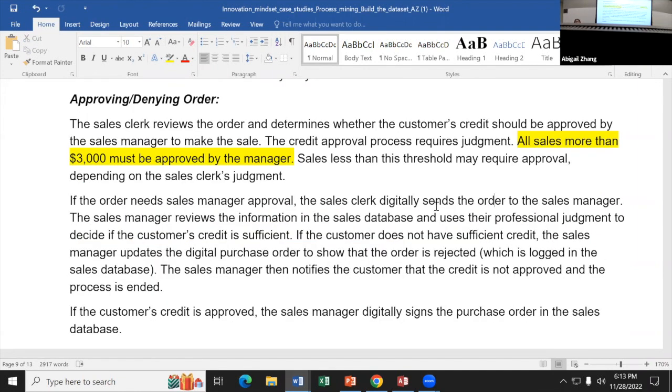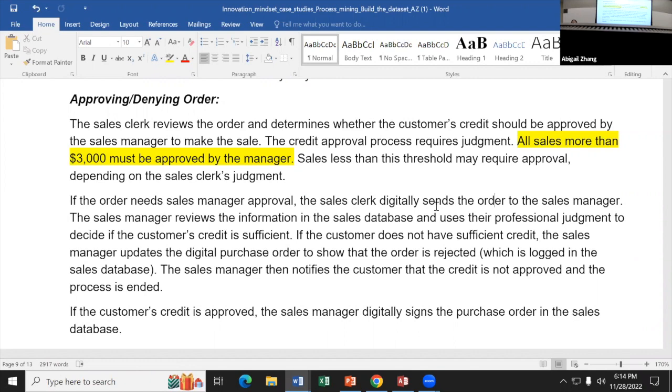Basically, this is preventing the case where a sale was made to a customer who doesn't have sufficient credit or who cannot actually pay what they order. So now it's time to test your financial accounting knowledge. If a customer cannot pay what they ordered, what consequence will that cause on your revenue account or revenue related account?